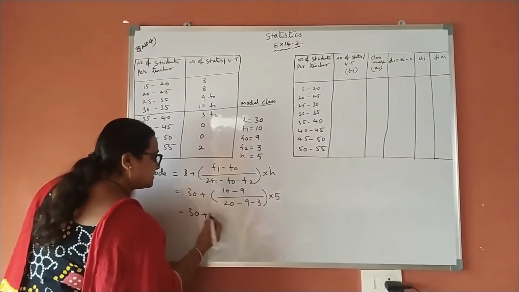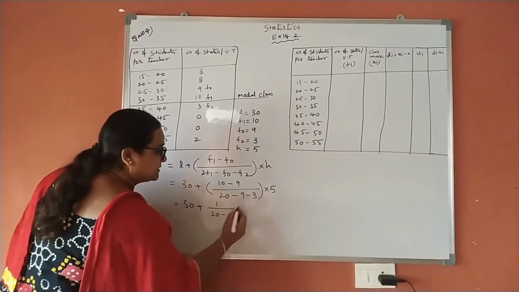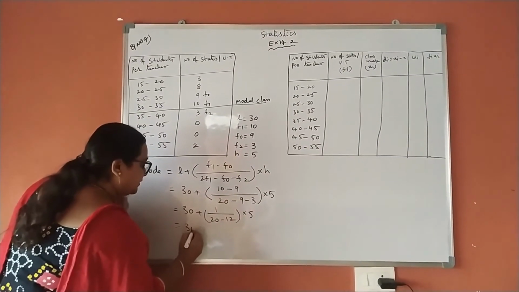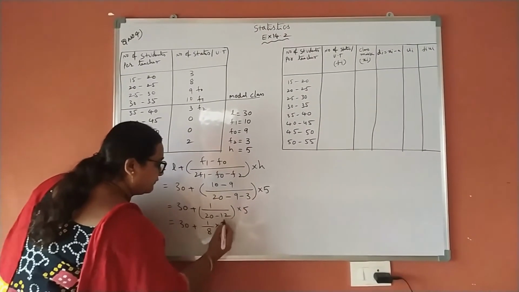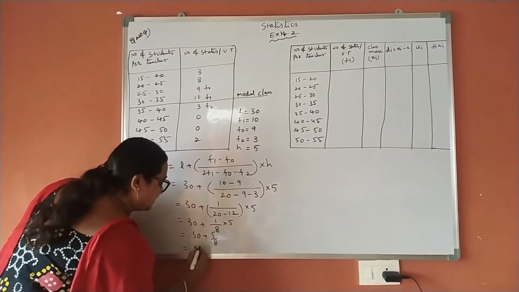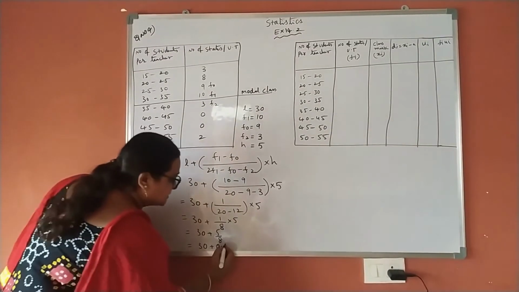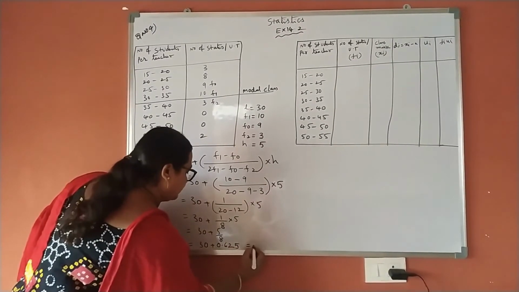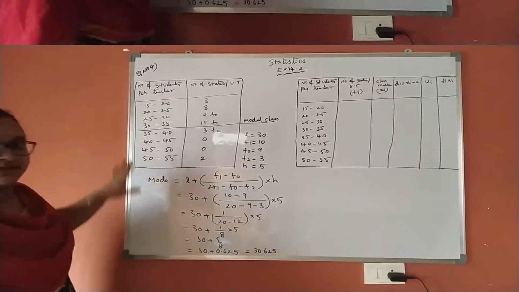So 30 plus 10 minus 9, 1, by 20 minus 9 plus 3, 12, into 5. 30 plus 1 by 20 minus 12, 8, into 5, that is equal to 30 plus 5 by 8, that is 30 plus 0.625, that is equal to 30.625 is the mode of this data.